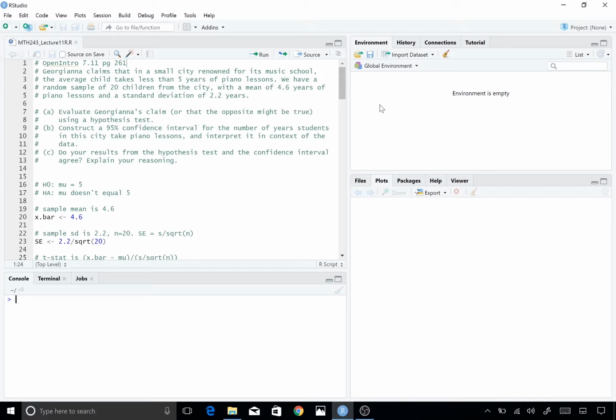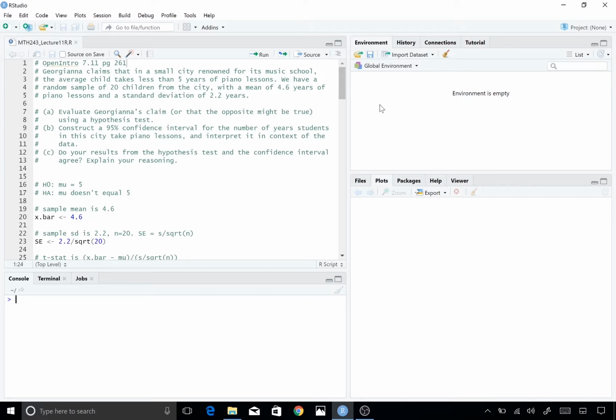In that case, we were given summary statistics. Sample mean, sample standard deviation, and sample size are statistics. But if we have the data itself, we can use R's t-test function. I'm going to use the trees height data. We'll assume that the trees are a random sample of something, so our criteria will be met.